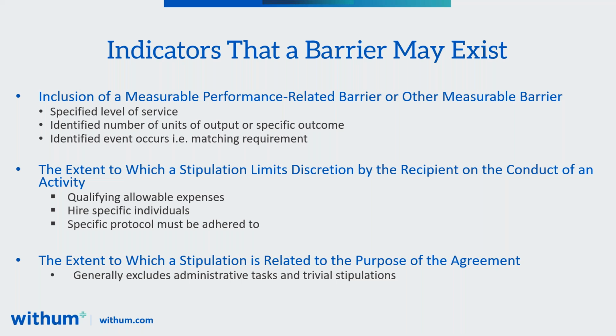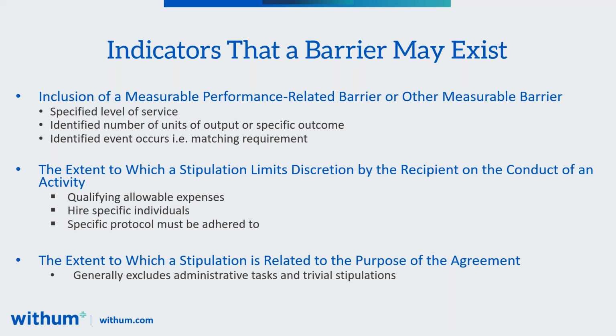Another indicator is the extent to which a stipulation limits discretion by the recipient on the conduct of an activity. So to the extent there's a requirement to incur qualifying allowable expenses, that kind of gets to the heart of the government grant issue. A lot of government grants are very specific in terms of what you can spend the money on, and more importantly, how you spend the money. The agreement may require you to hire specific individuals to perform the program, or it may identify specific protocols that must be adhered to.